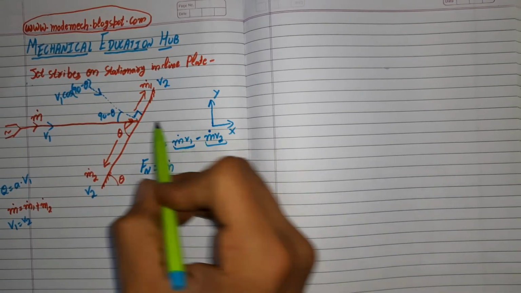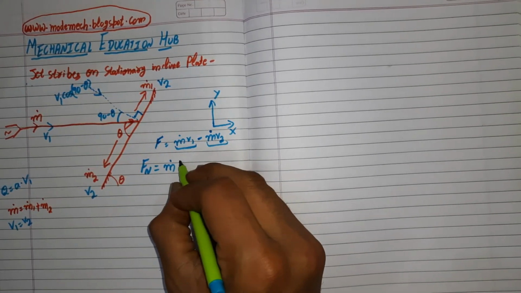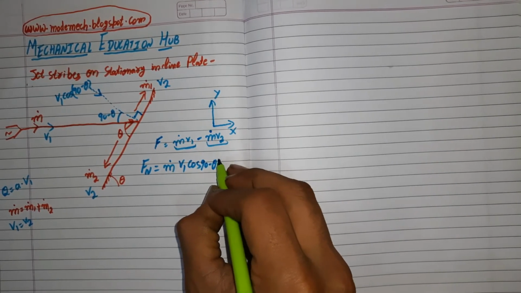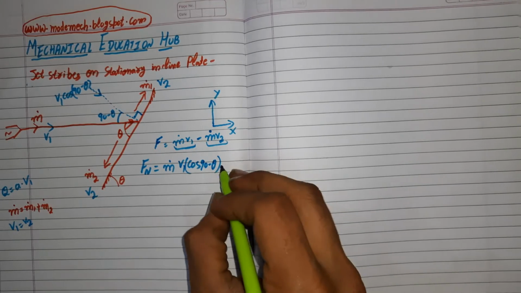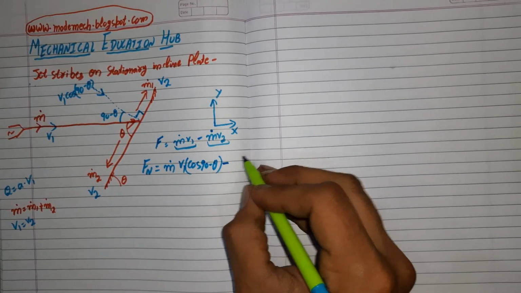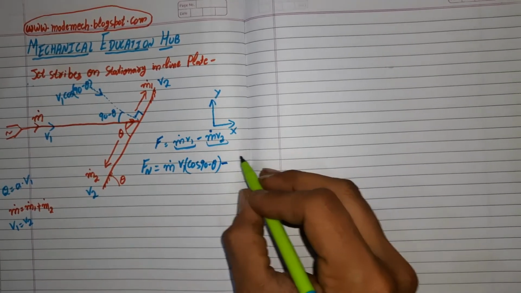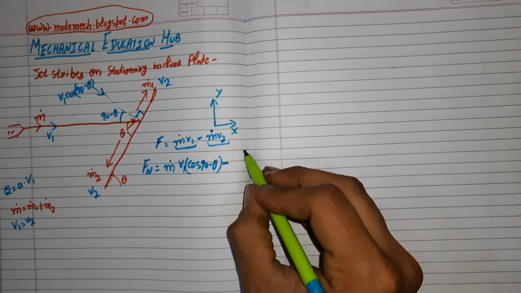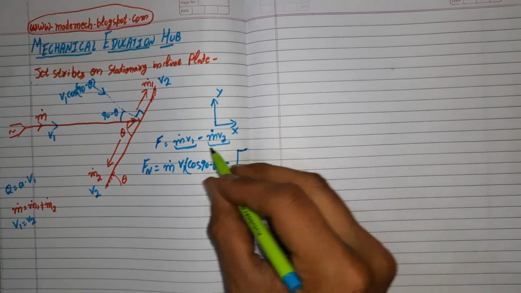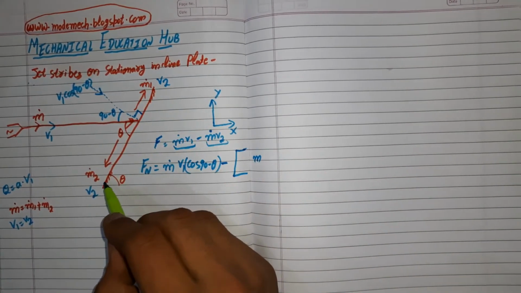Our entering velocity will be the cos component of this v1, that is v1 cos 90 minus theta. Minus, at exit we have m1 and m2.